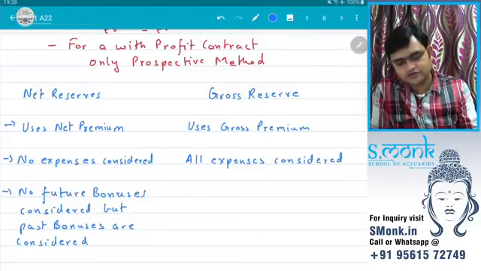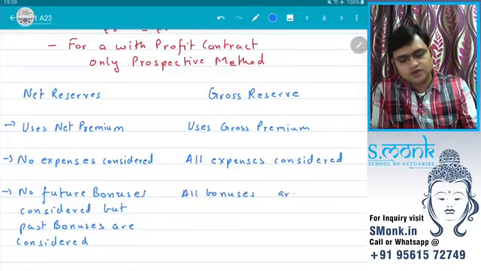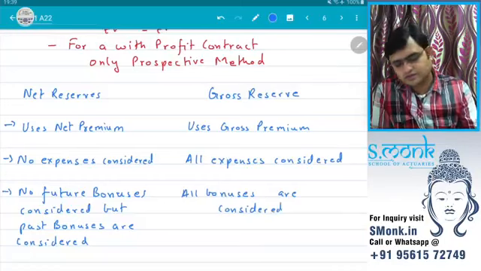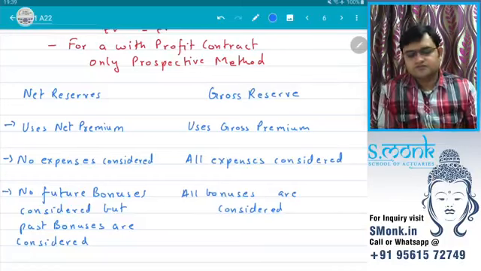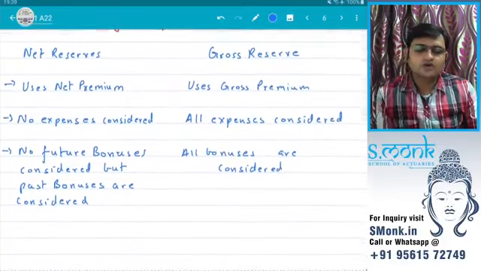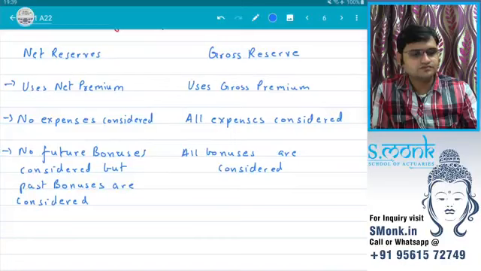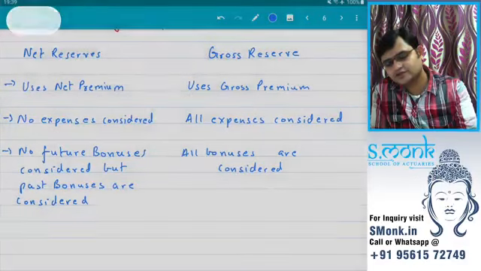But for gross reserves, all bonuses are considered. So for gross reserves, you have to take all bonuses into account. Let's see some examples.